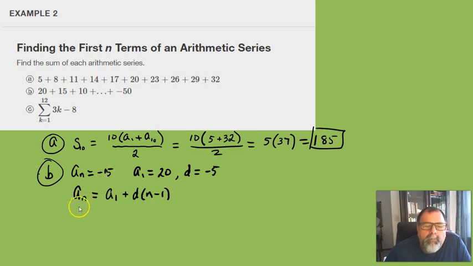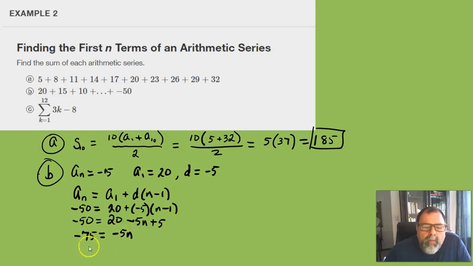So we want to figure out n, and we know A sub n is negative 50, A sub 1 is 20, and D is negative 5, and we just solve this equation. So we get 20 minus 5n plus 5. So that's 25. And then subtract 25, you're going to get 75.